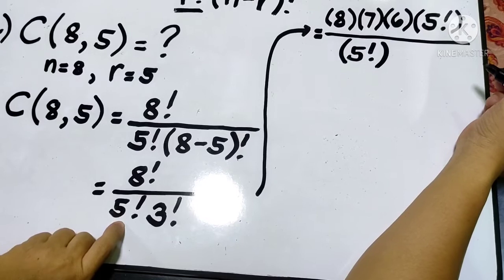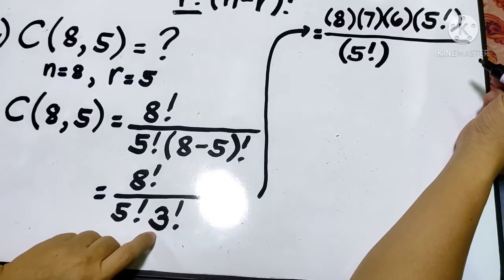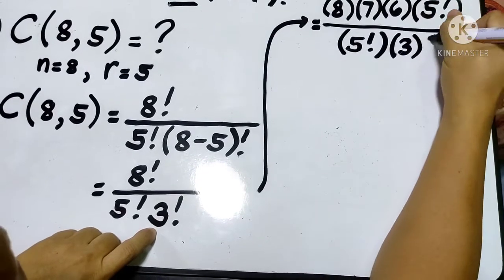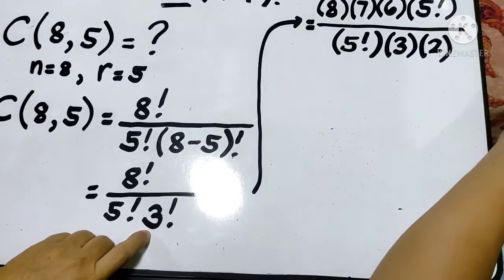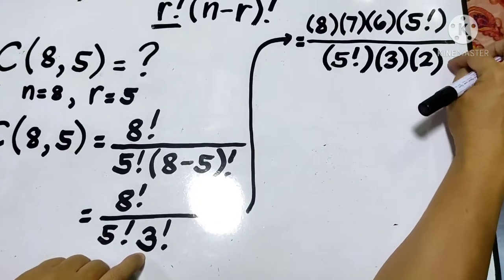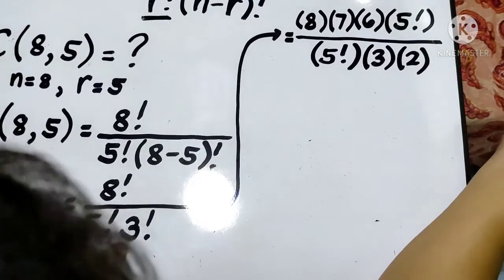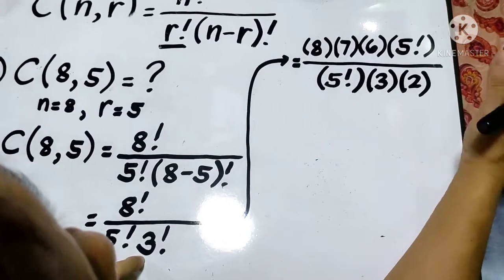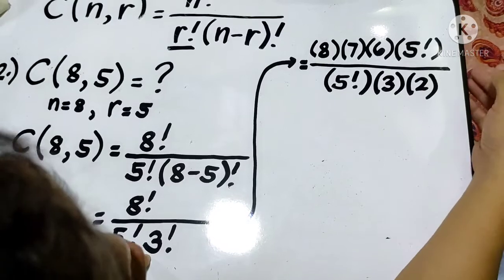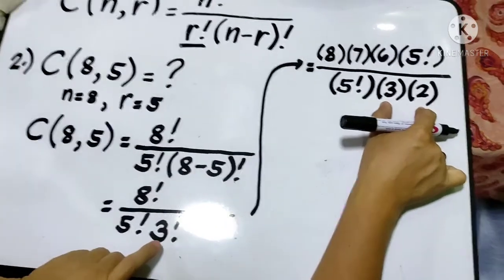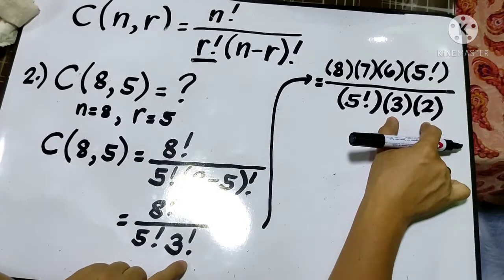Okay? And then, 3 factorial will be expressed as 3 times 2. You may leave out the times 1 because 1 in multiplication does nothing. Any number multiplied by 1 is always equal to that number. So, you may not include 1 here. So, 3 times 2 is the expanded form of 3 factorial.